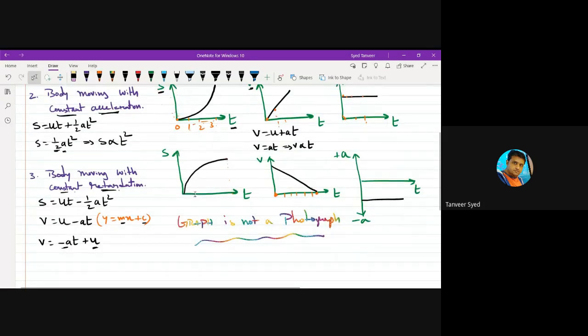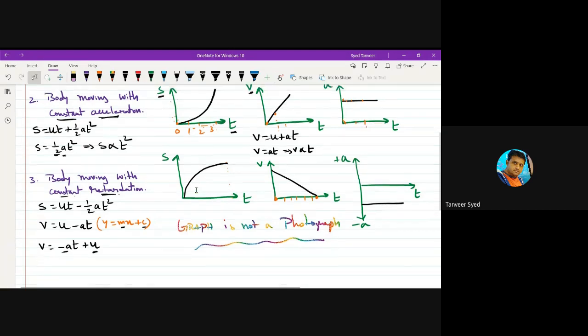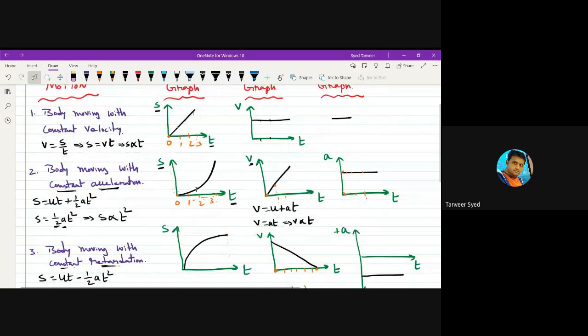Now, what if questions are asked on these graphs? As I told you earlier, I spent yesterday's class only on that point. To extract information from a graph, we use two techniques, either finding the slope of the graph or finding the area under the graph. Which method to be applied in which situation?